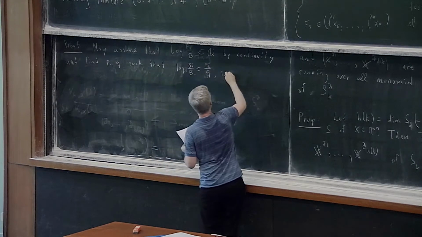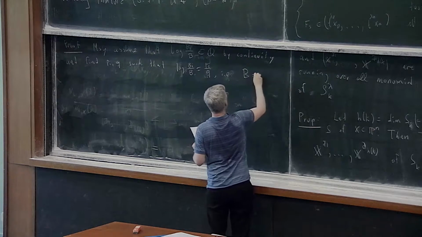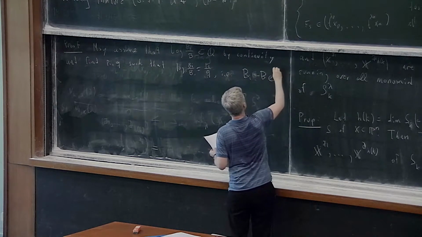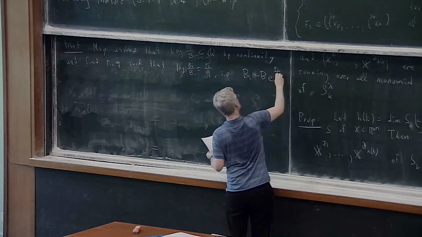The bound b_i can then be written as B to the power p_i divided by q.